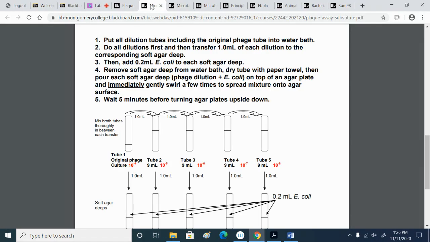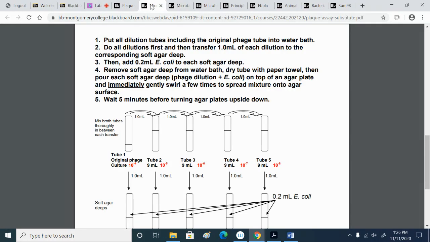So every group starts off with a phage that's already been diluted down to 10 to the minus 4. So you're already starting off with a dilution. And then you get 4 more 9 milliliter broth tubes. So you can do your dilutions into the 9 milliliter broth tubes.